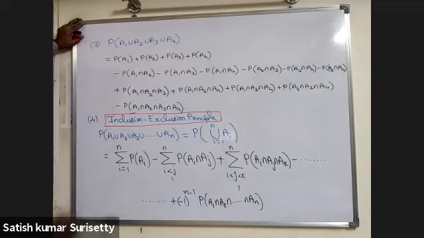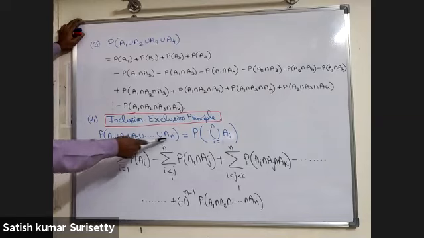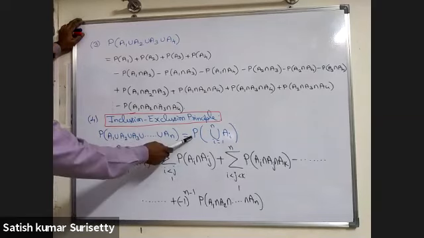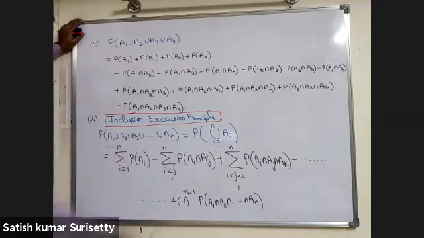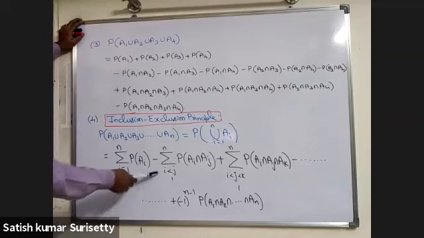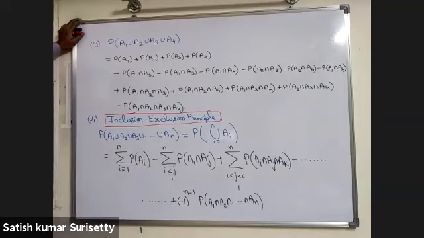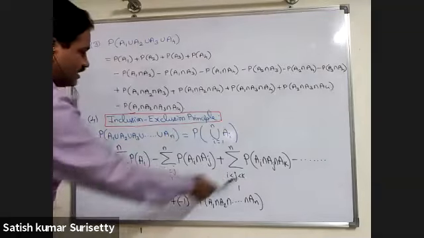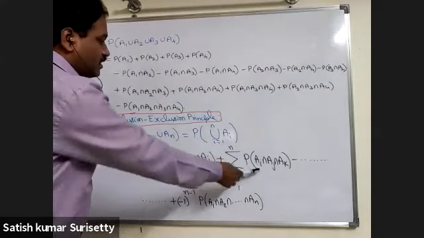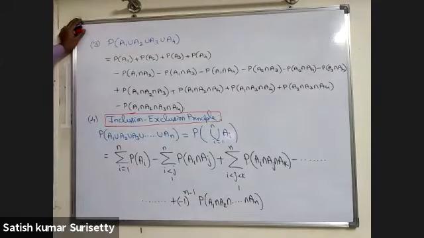Now the extension of this is the inclusion-exclusion principle. Let A1, A2, A3 and so on up to An be n events of the sample space S. Then probability of A1 union A2 union and so on union An, in simple form probability of the union over i equal to 1 to n of Ai, equals sigma i equal to 1 to n of P of Ai, minus sigma over i less than j, with i, j from 1 to n, of probability of Ai intersection Aj, plus sigma over i less than j less than k of probability of Ai intersection Aj intersection Ak, minus and so on.